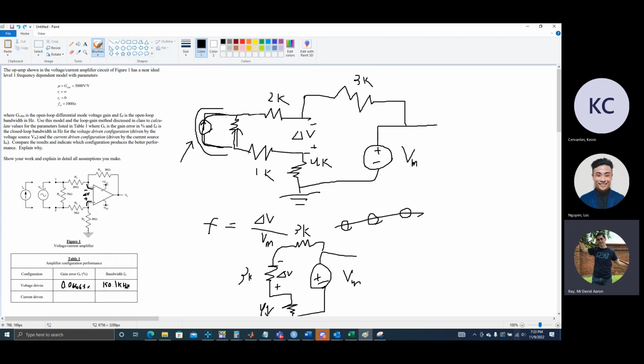Now that it's a current source, it's going to be an open. So no connection here, and you're going to get that resistor back. The resistor is going to be included in the voltage divider equation. So you've got your 7K in there.